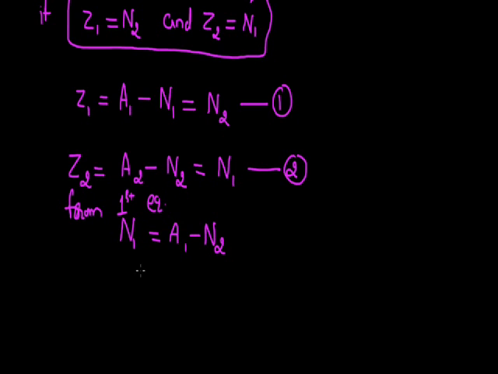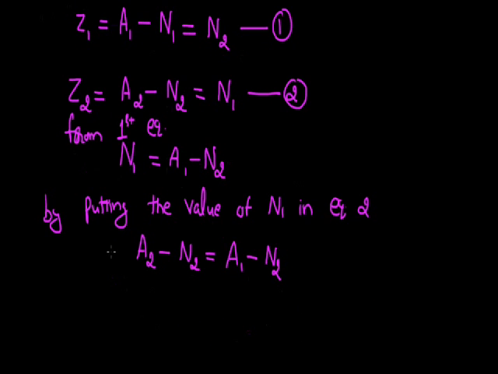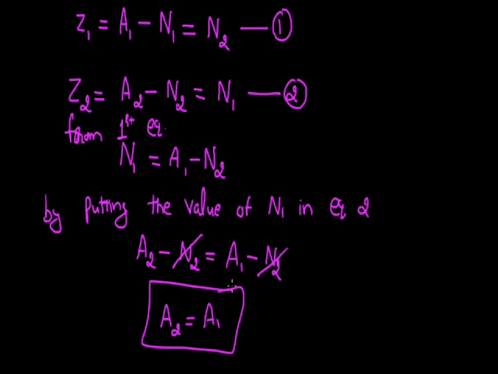Now if I put this value of N1 in the second equation, then according to the second equation, mass number A2 minus N2 is equal to N1, and here the value of N1 is equal to A1 minus N2 according to the first equation. From these two values, this N2 will cancel since it is on both sides, and from here we can see that A2 is equal to A1. So that is the second relationship for these mirror nuclei.